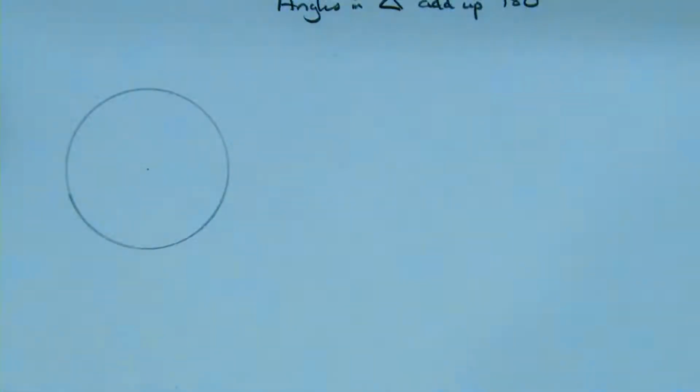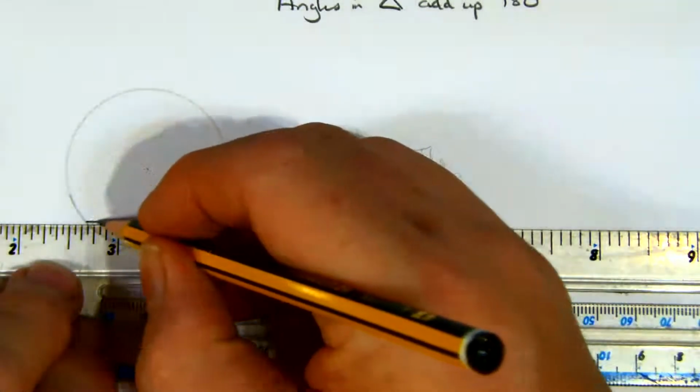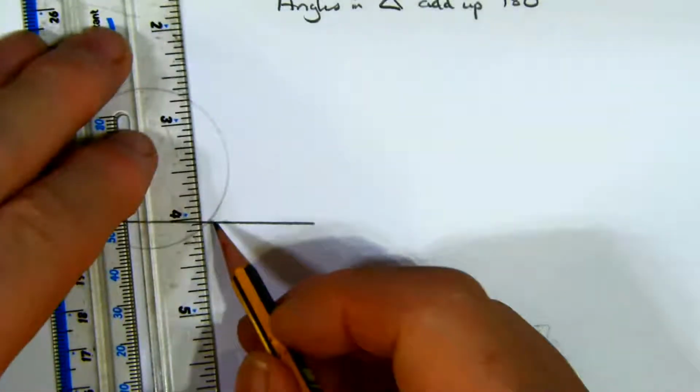This is one of my favorite little questions that comes up quite often. And what we have is a cyclic quadrilateral. But when they draw the cyclic quadrilateral, they accidentally make that line a little bit longer.